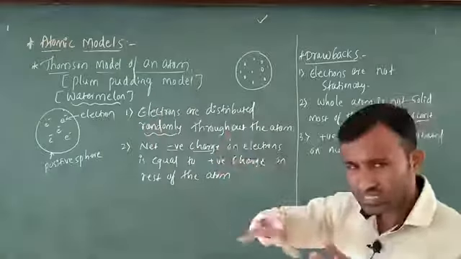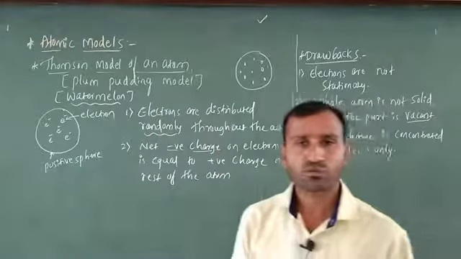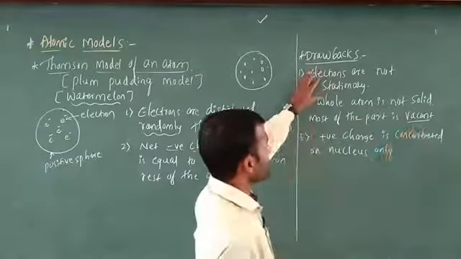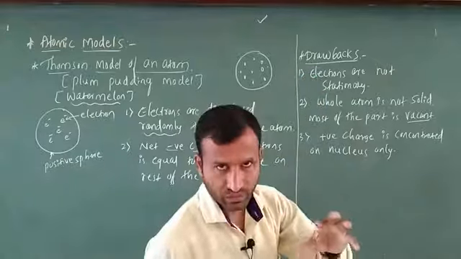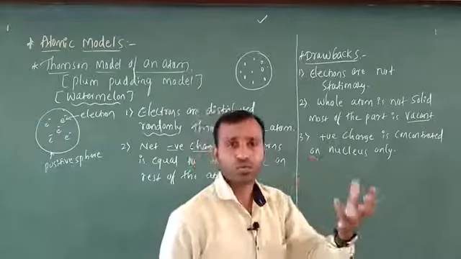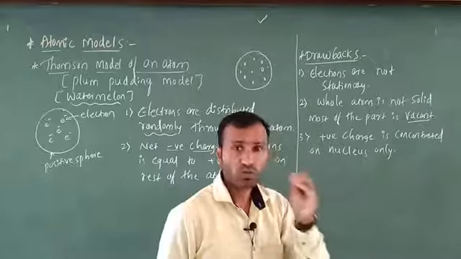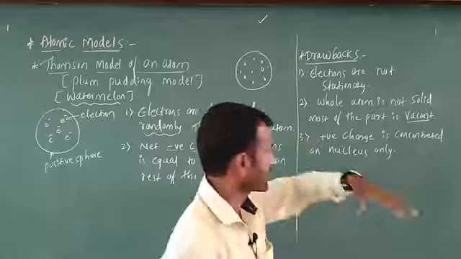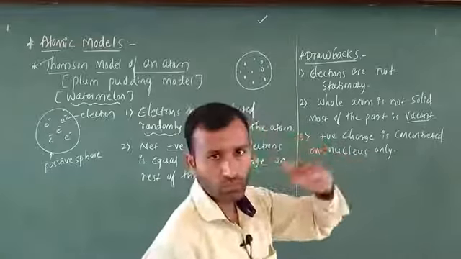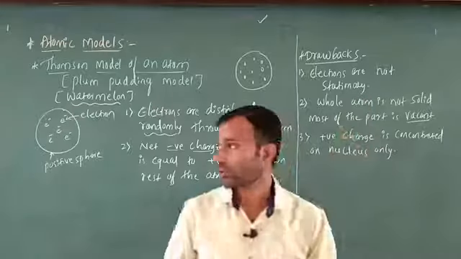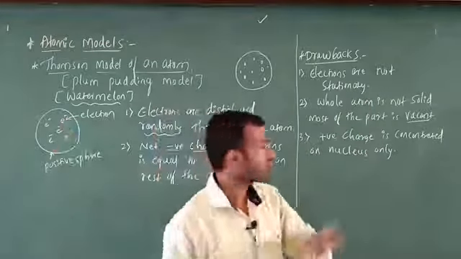In this case, what is the drawback of the Plum-Pudding model? Listen here. Electrons are not stationary. Stationary means not moving, but electrons are always rotating. An electron is not present in only one place. That's why the electrons are not stationary, the electron is always moving. The whole atom is not a solid.